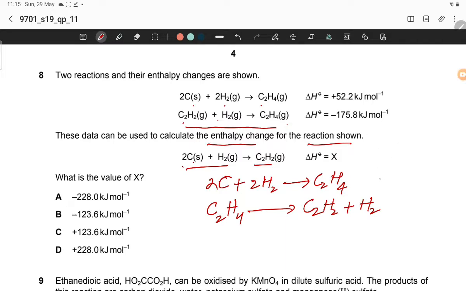So this is equal to plus 52.2 kilojoule, and because the reaction is reversed, the sign will be reversed. So this will be 175.8.